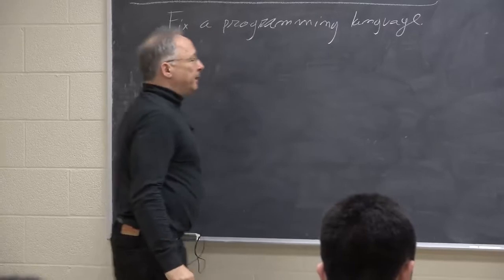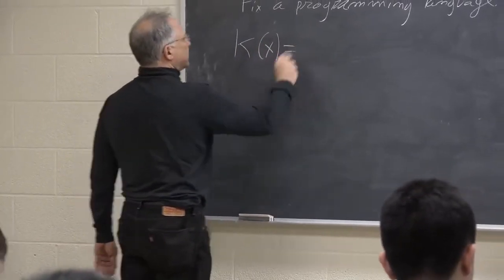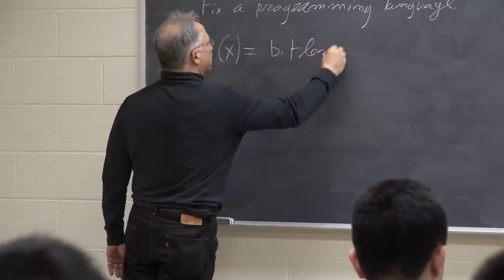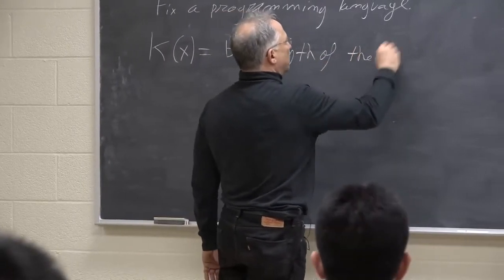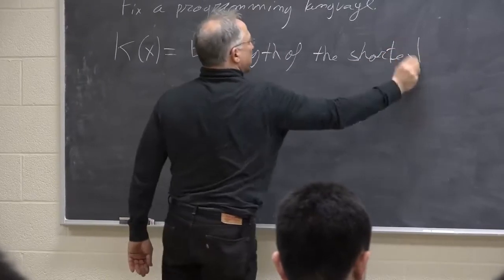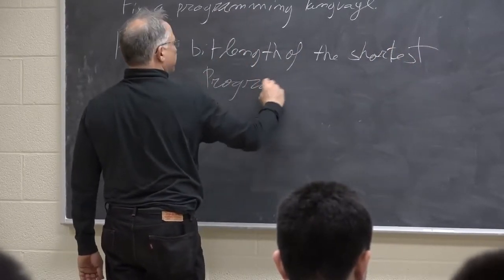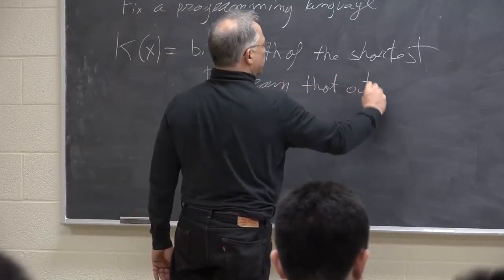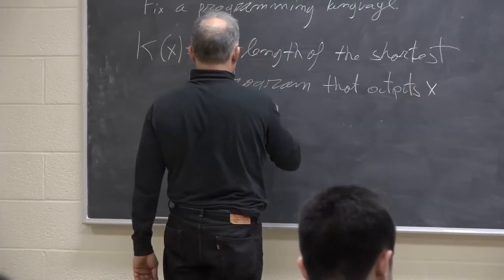And then we say that K of x is the bit length of the shortest program that outputs x and halts.